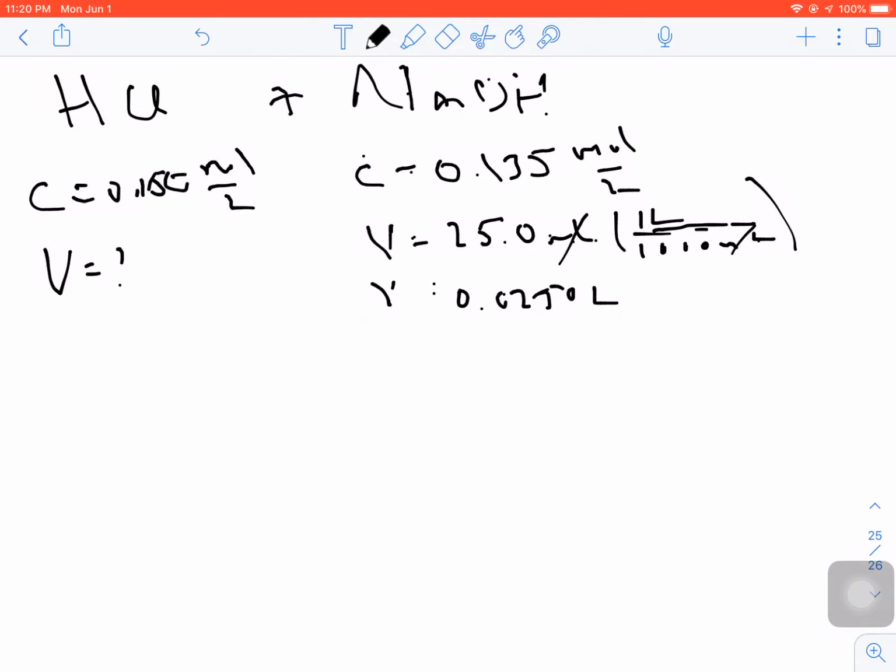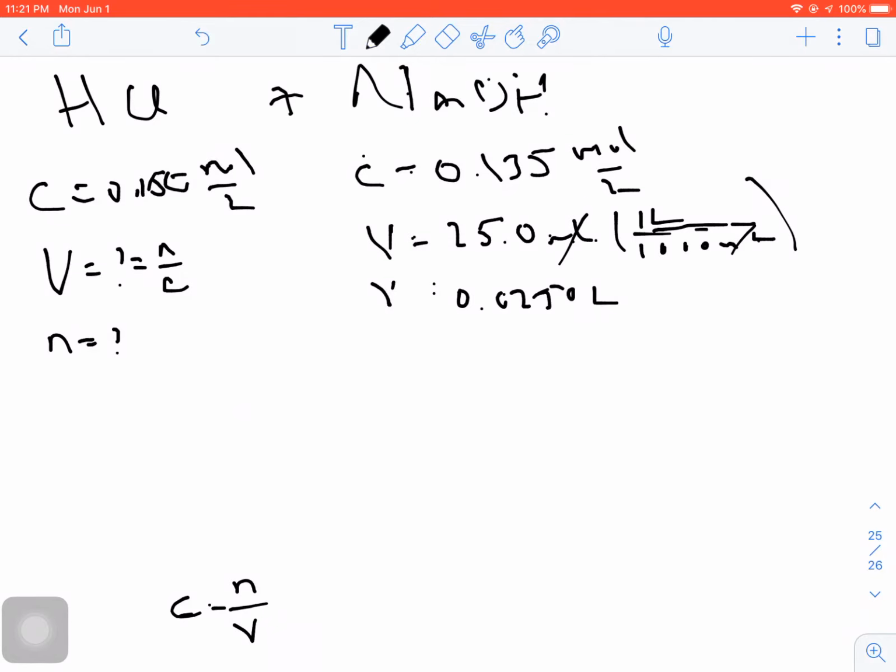Now, to find the missing volume over here, I'm going to be using the same formula all the way through, which is C equals n over V. If I rearrange this formula, take the V from down here up beside C and take the C down under the n, I end up with V is equal to n over C. Now, to do that, I need to know n and I need to know C. I do know C, it was given in the question, but I don't know n here.